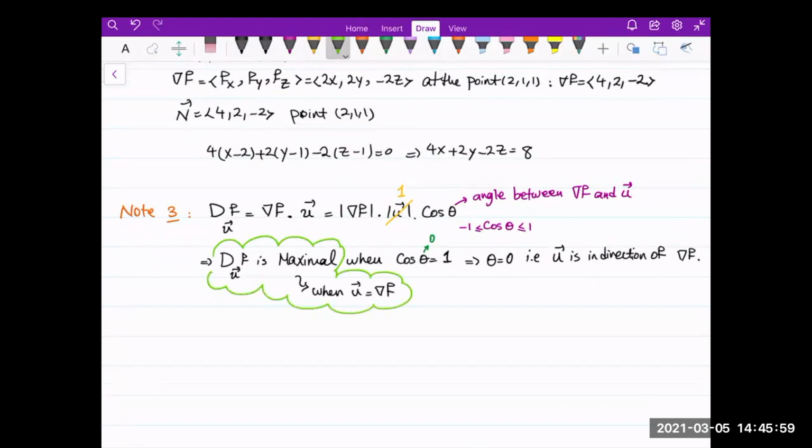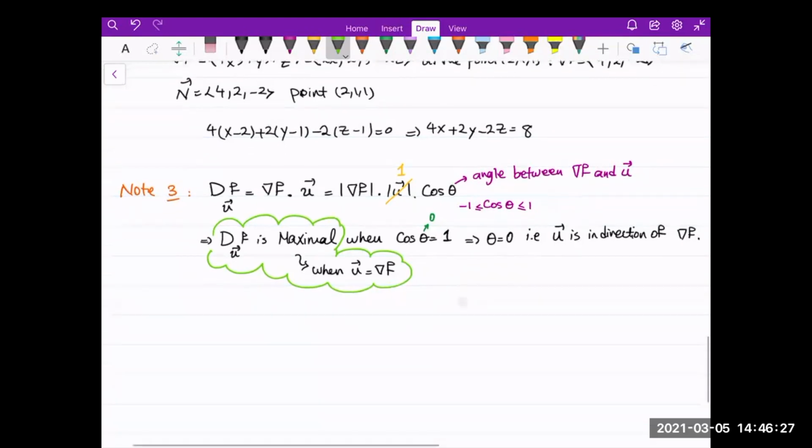When it is minimum, well, we say that it's minimum when cosine theta is -1, which means that it's in the opposite direction, right?